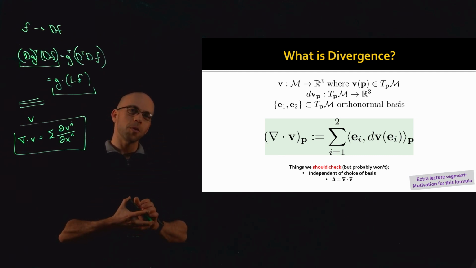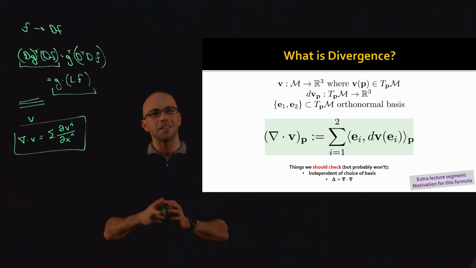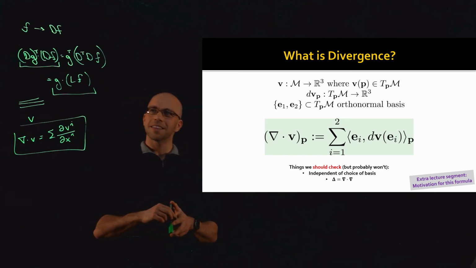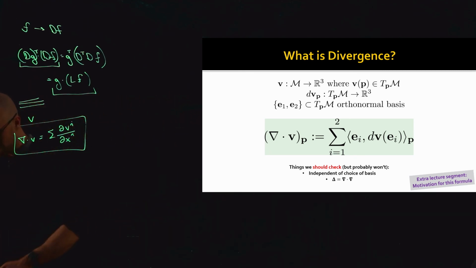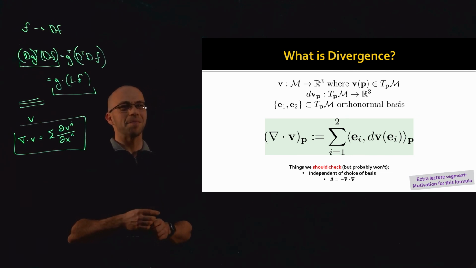Of course, the formula here is not super useful, right? It doesn't tell us that it's independent of our choice of basis ei. That turns out to be certainly the case. And we should check that our Laplacian is minus div of grad, as I've just written in the slides here.